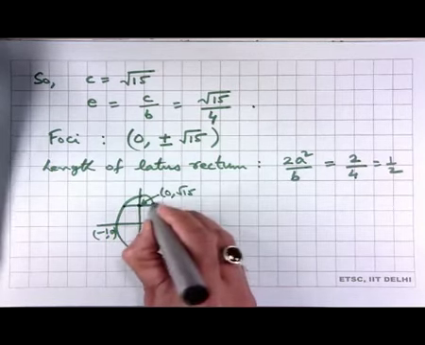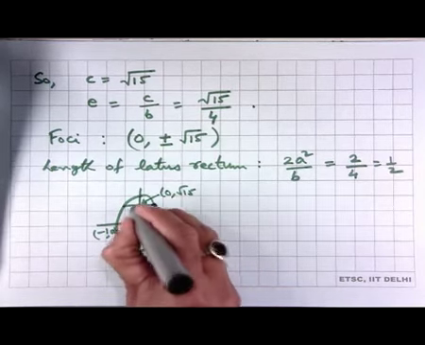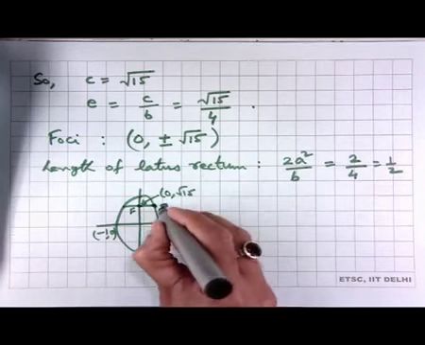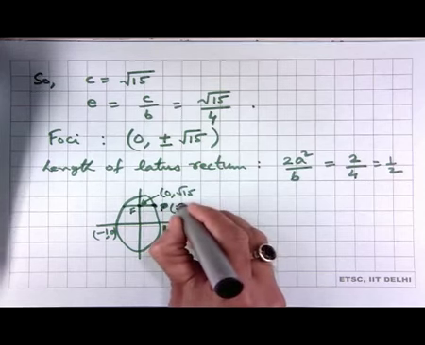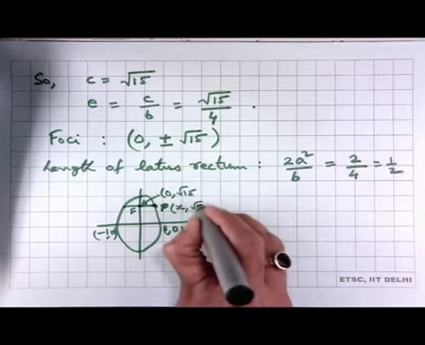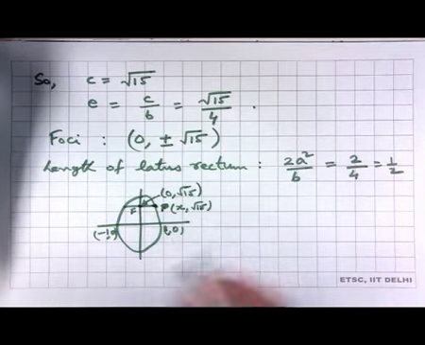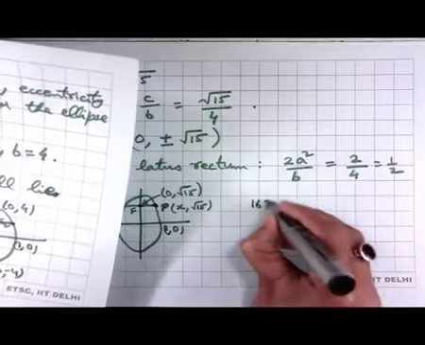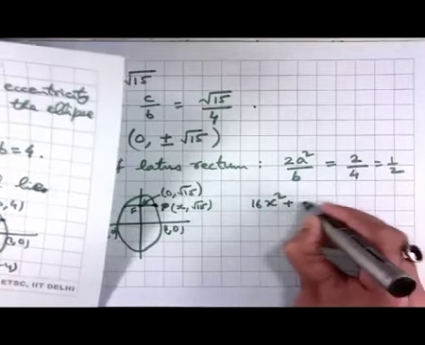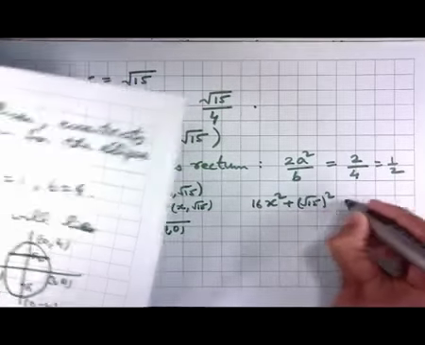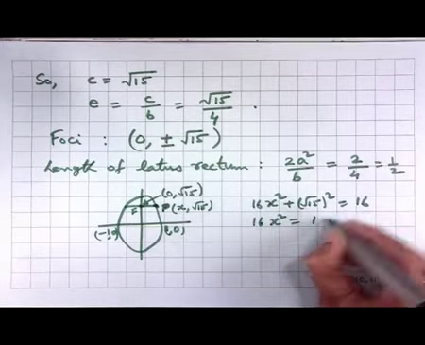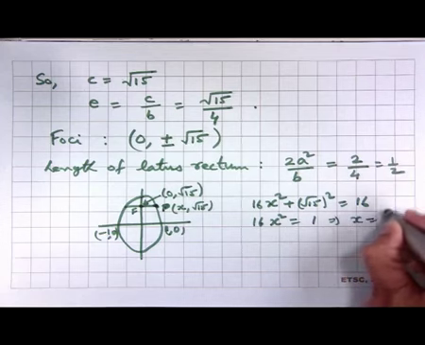Then if you want this point here, this is my F, this point P will be some (x, root 15), and we have 16x² + y² = 16 with y² being root 15 squared, which means 16x² equal to 1, so x is 1 by 4.